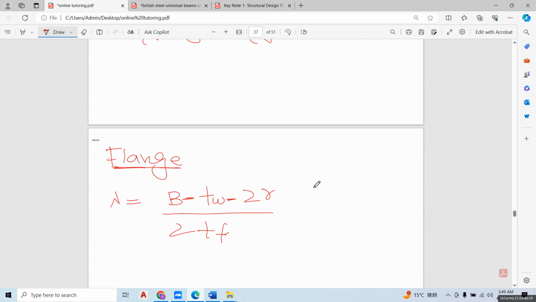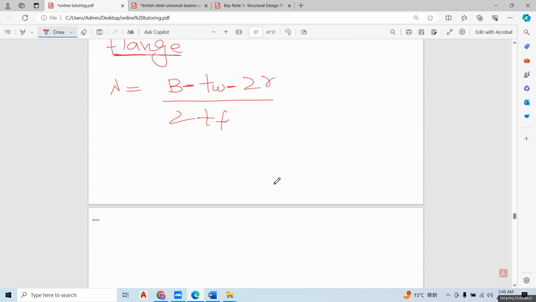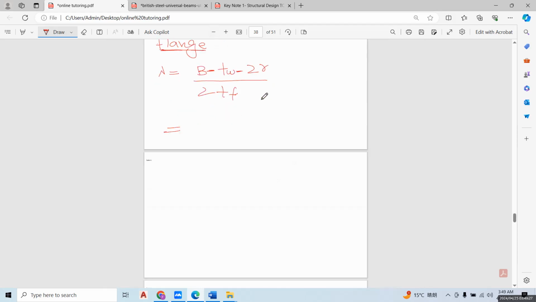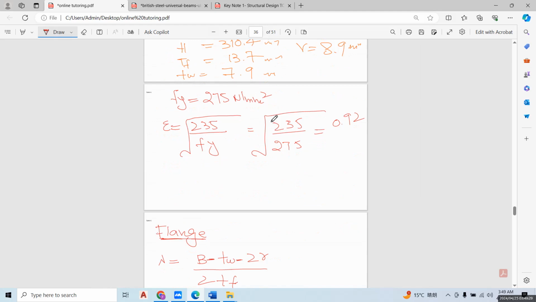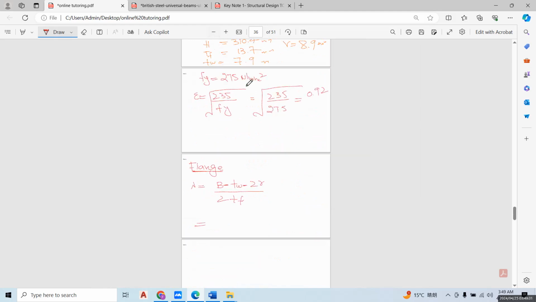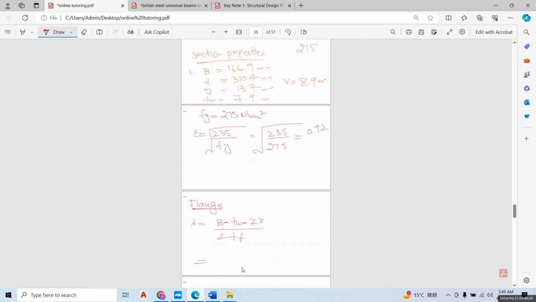You just need to put in the values: B equal to 166.9 minus thickness of web 7.9 minus 2 times R, 8.9, divided by 2 times 13.7.